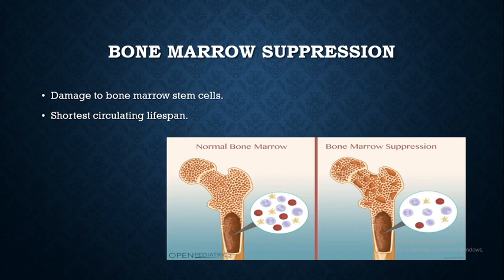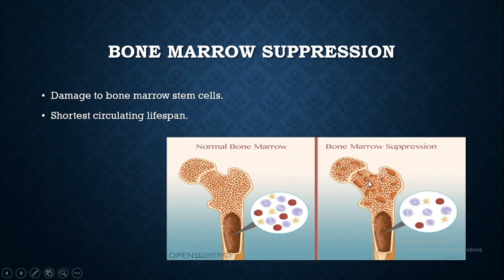Right. Then bone marrow suppression. We have to be concerned about bone marrow suppression. Damage to bone marrow stem cells happens, and that shortens the circulating lifespan. Here in the case of normal bone marrow, you can see the density, and in the case of bone marrow suppression, you can see the density.